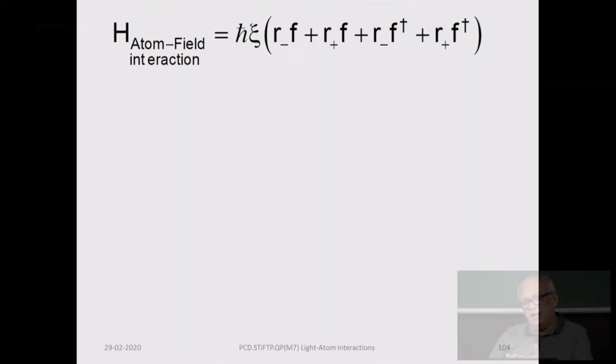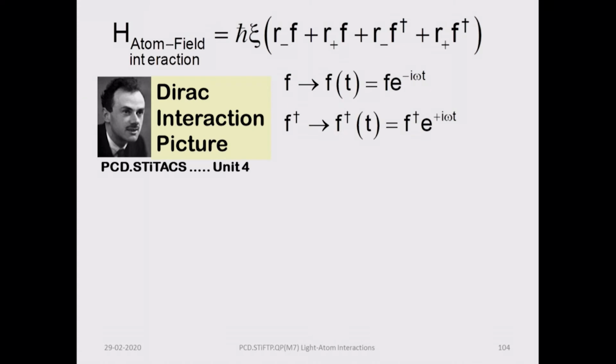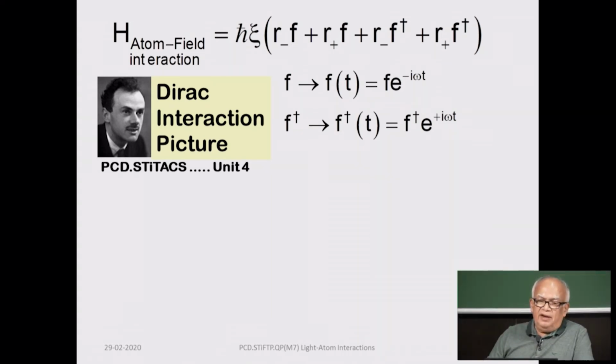Okay? So, these are now the 4 operators that you have with you. We will now consider the Dirac interaction picture, which you are familiar with, and the operators are now time dependent, through this time dependence, as you know.